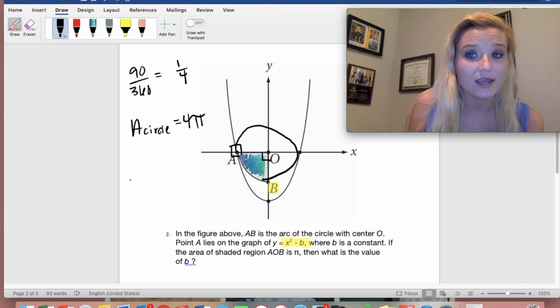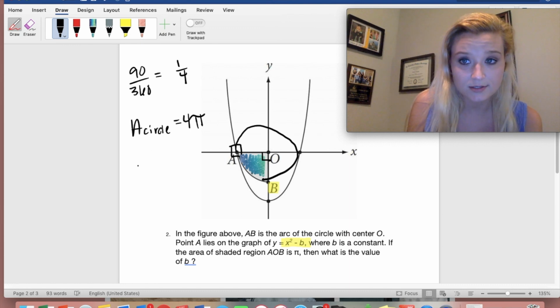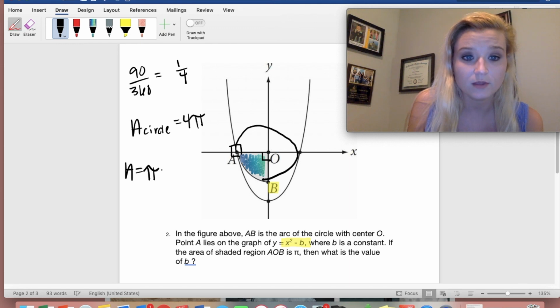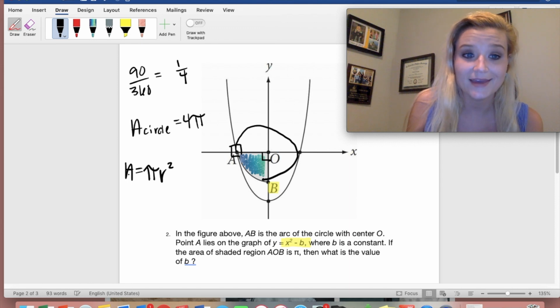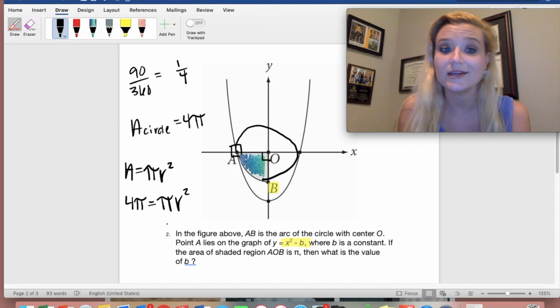Now, if we know what the area of the entire circle is, then we can plug that in to the area formula, which we know is pi r squared, plug the 4 pi in for A, and that will allow us to solve for our radius.